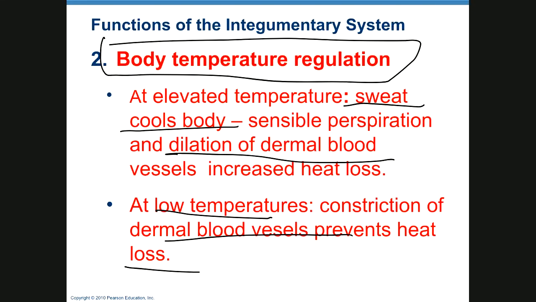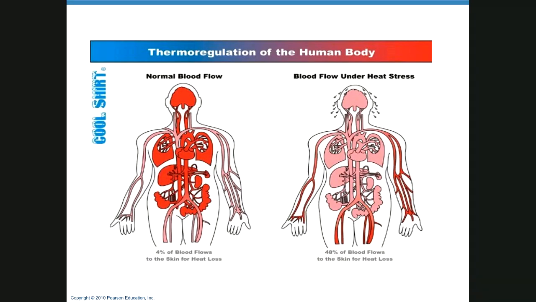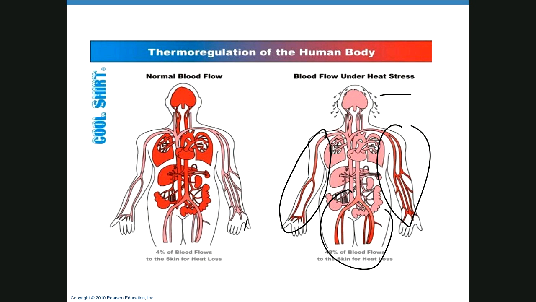So this little PowerPoint shows normal blood flow under normal temperature. Under heat, these blood vessels are going to dilate, and blood will be diverted from the center of the body to the skin to lose the excess heat.